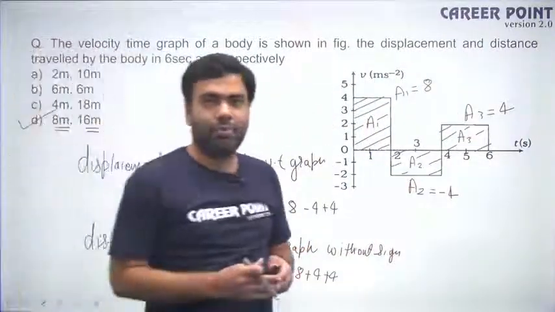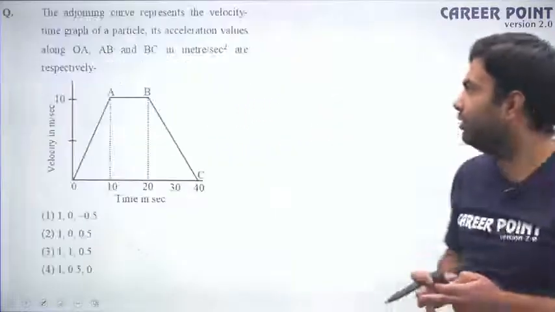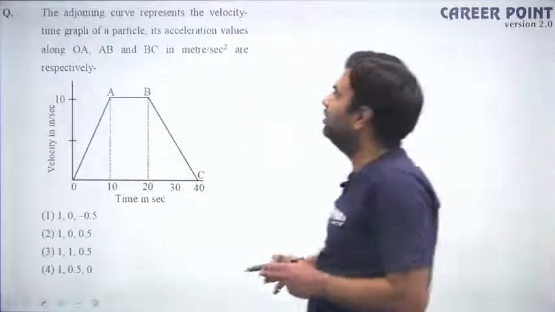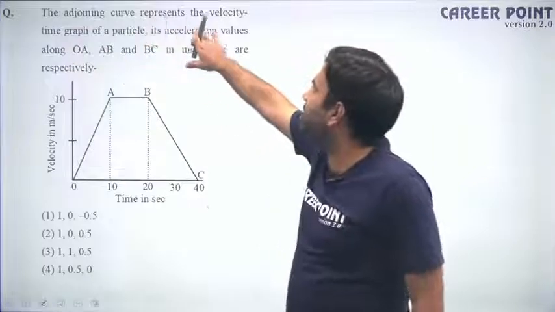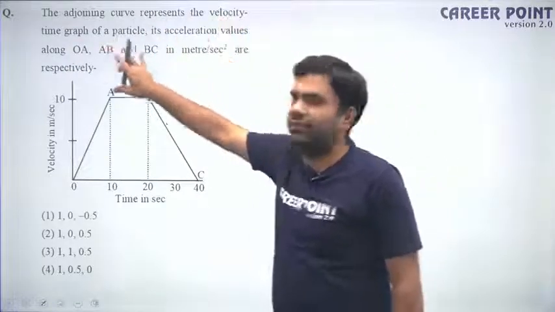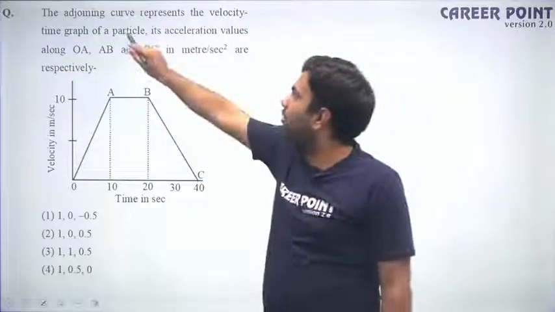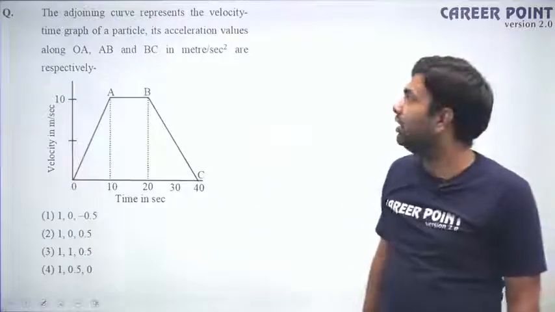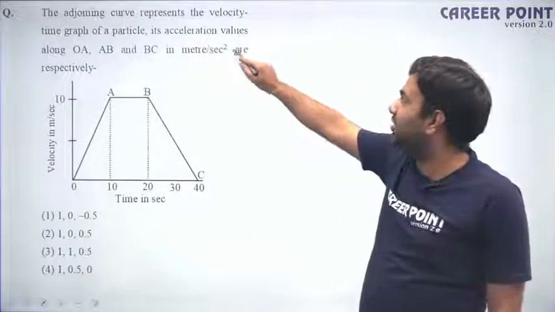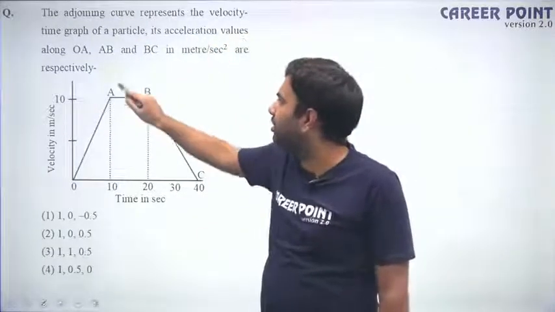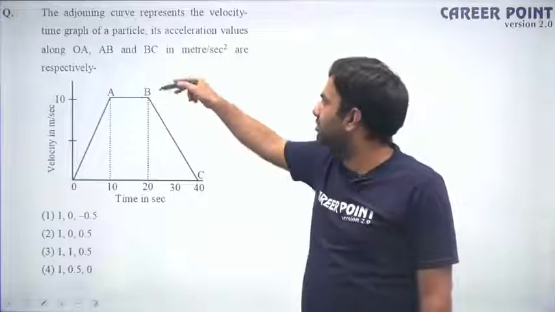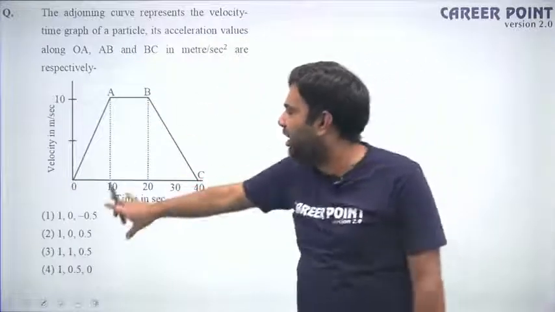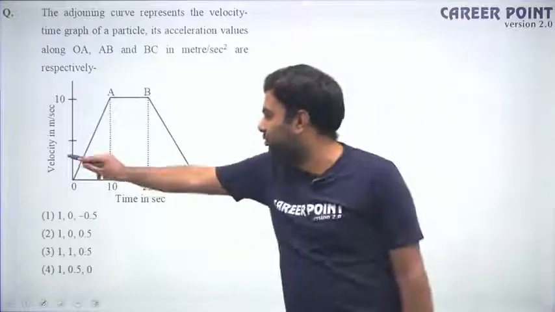Okay. Now see, the adjoining curve represents the velocity time graph of a particle. Its acceleration values along OA, AB and BC in meter per second square are? As you know, this is a velocity time graph.